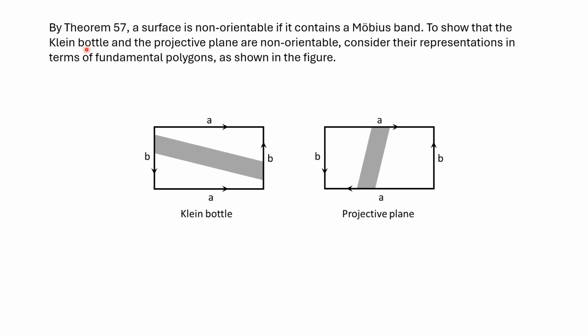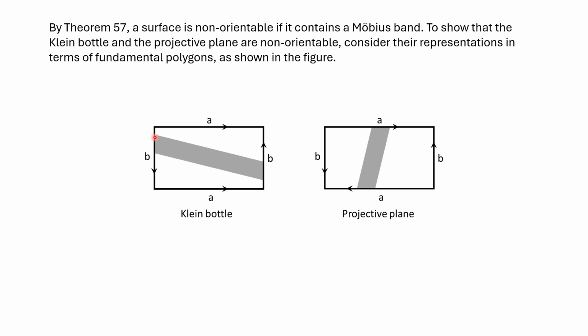What about the Klein bottle and the projective plane? Are they orientable? We can use the fundamental polygons to show that they are not. Let's take the Klein bottle first. We have this gray strip, and we'll do a half twist and then join the two B edges together.